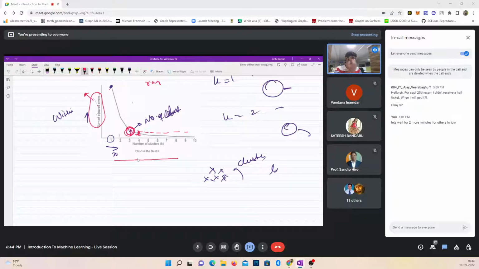That would be another method. And this elbow point we decided for when we didn't know anything. But if you have any more information, you can decide on other points also. So the idea would remain universal: beyond a certain point, if this decrease is very less, then you won't go for that number of clusters.